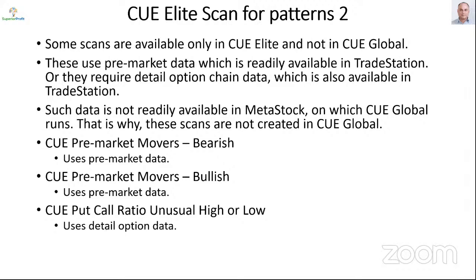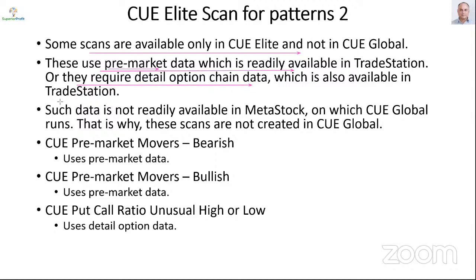What are the pattern scans in Q Elite? Some scans are available only in Q Elite, not in Q Global. These use either pre-market data, which TradeStation provides readily because it's a brokerage, or the pattern scan requires detailed option chain data.